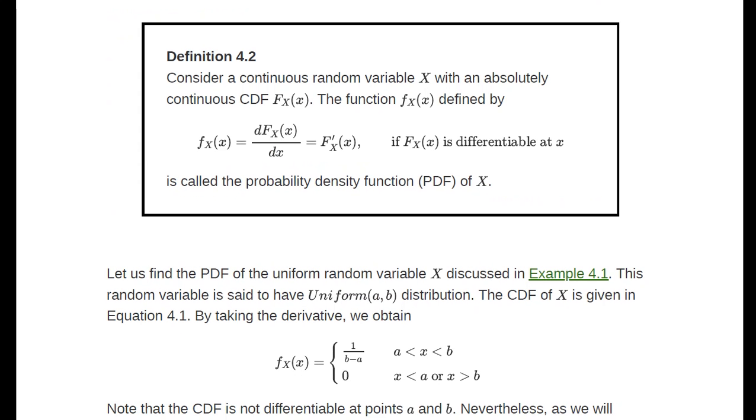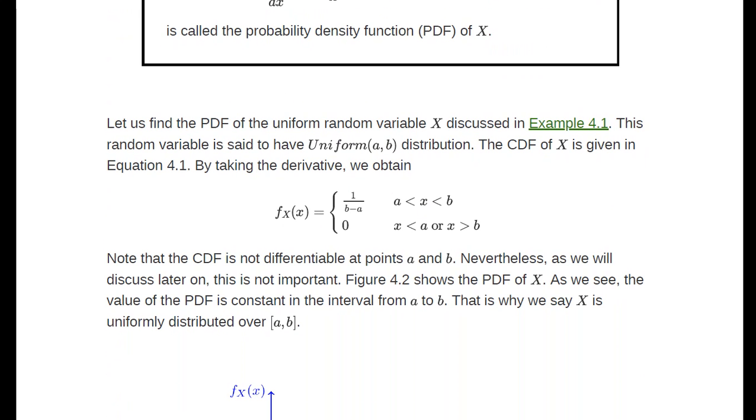Let us find the PDF of the uniform random variable X discussed in example 4.1. This random variable is said to have a Uniform(a, b) distribution. The CDF of X is given in equation 4.1.